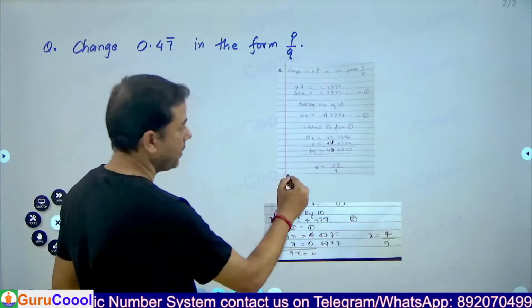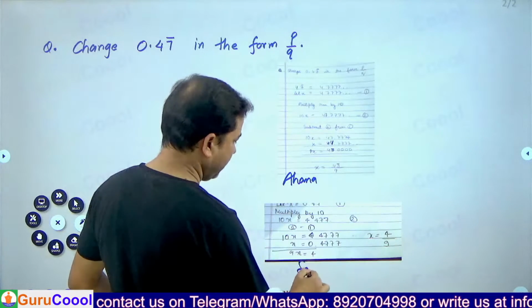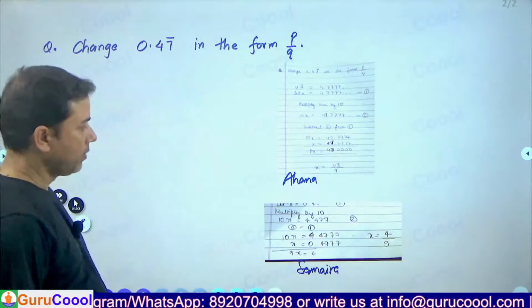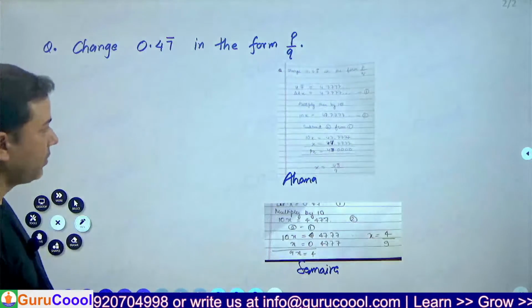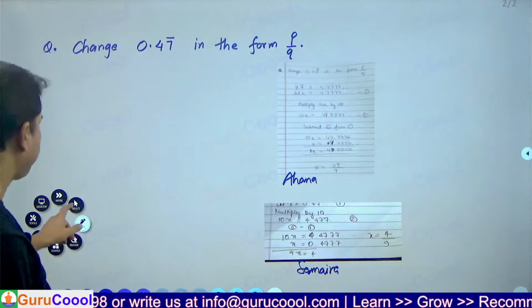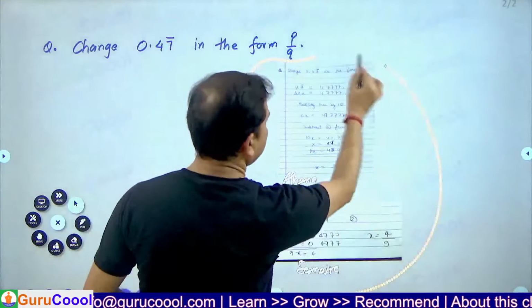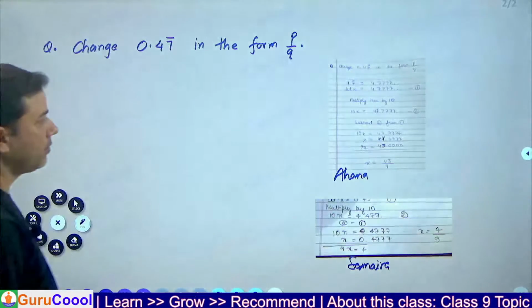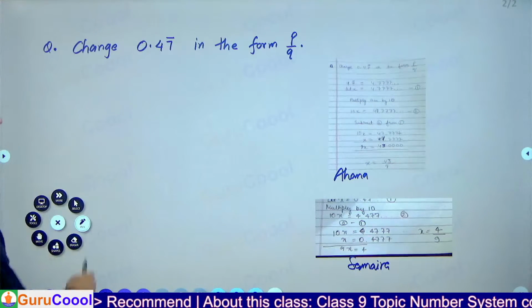First one is from Ahana. Second one, Samaira. Samaira got 4 by 9. Ahana got 43 by 9. Different answers. Well, since you have different answers, I would like to show it here.